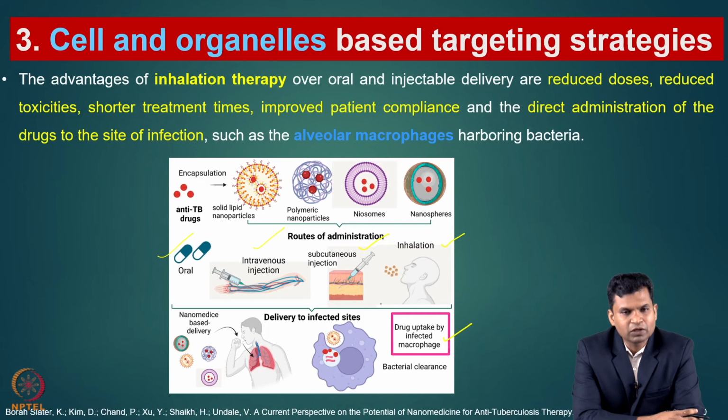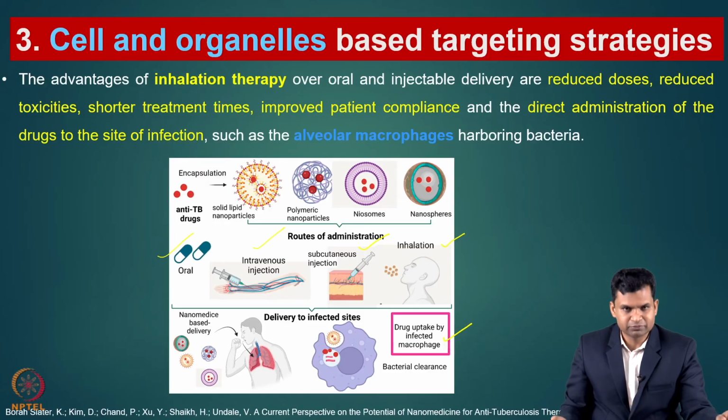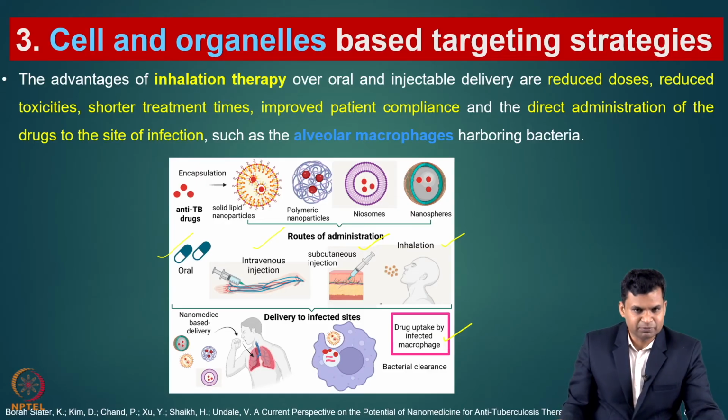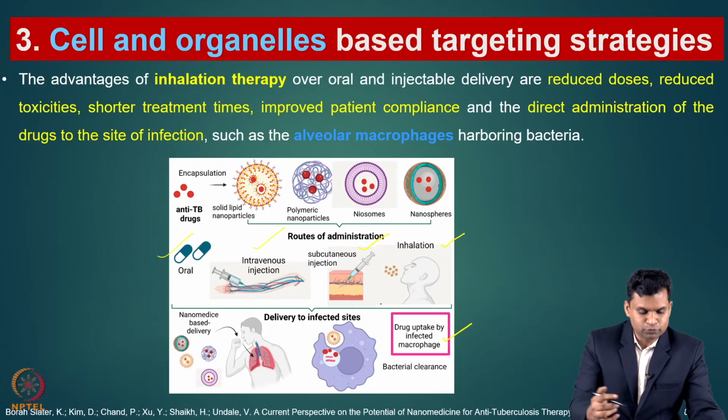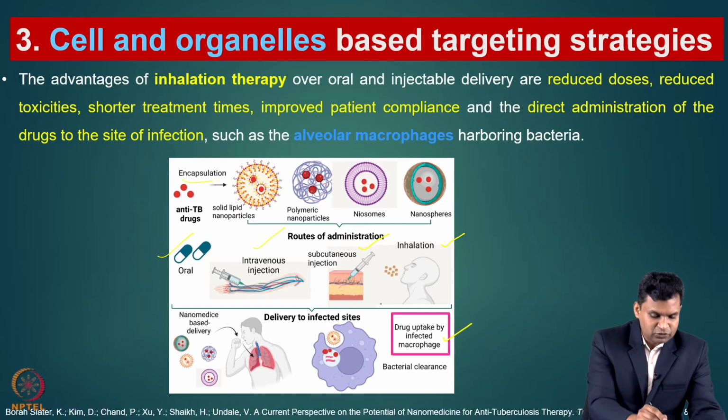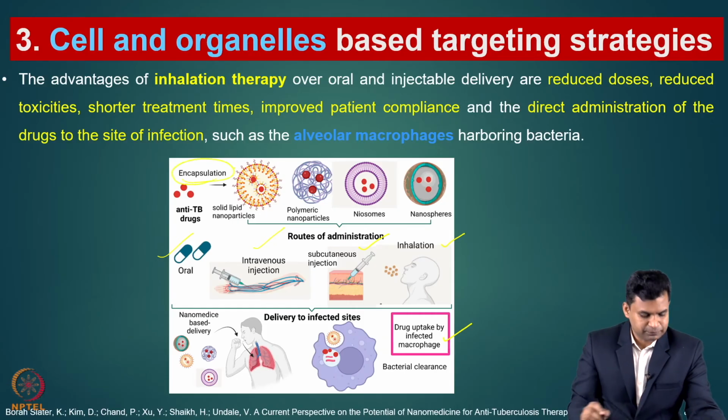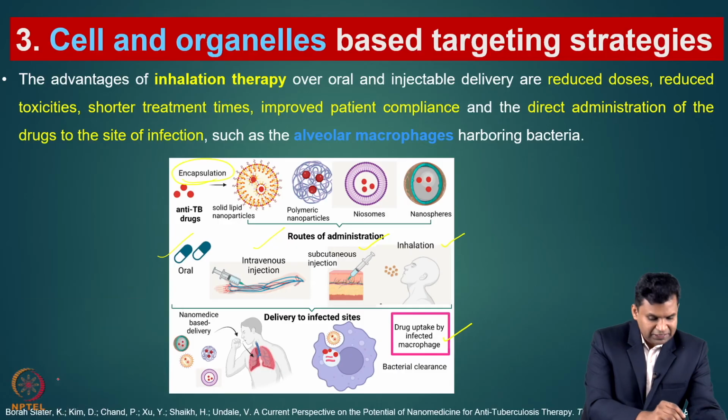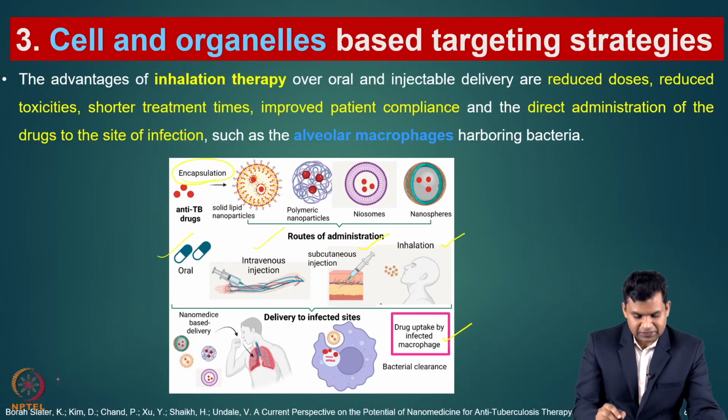But if you want to improve the efficiency of your formulation, you must target the macrophages. To overcome the limitations of the conventional formulation, your drugs need to be converted into carrier forms. Then it will reach the target sites.